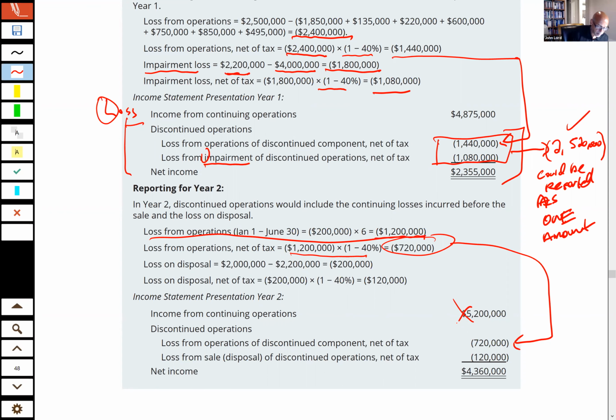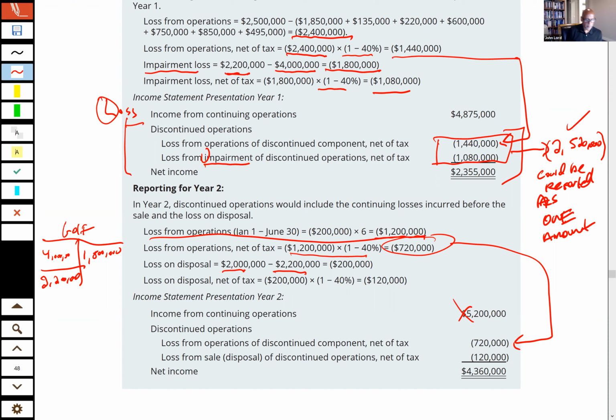And then they finally lost on disposal. Just to remember, the division, golf, whatever, started out at 4. Then we took an impairment of 1.8. So at that point, it was being carried at 2.2, after we took the impairment. And now they're selling it for 2.